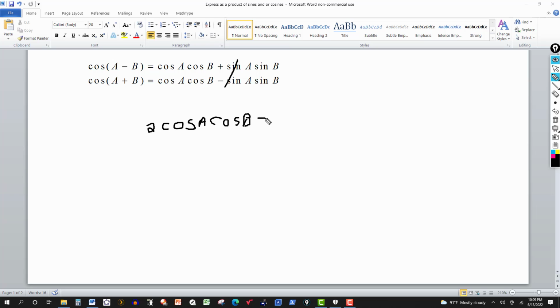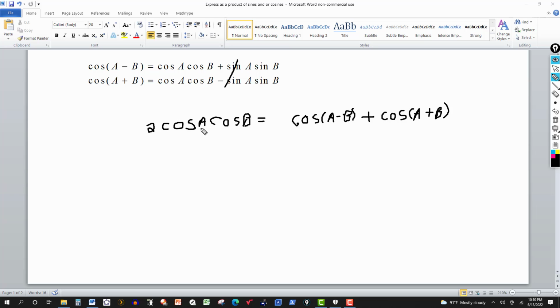It's going to equal the sum of the other side. I'm adding the two equations, the left side to the left side, the right side to the right side, and then this part here cancels. So I'm going to add cosine of a minus b plus the cosine of a plus b.